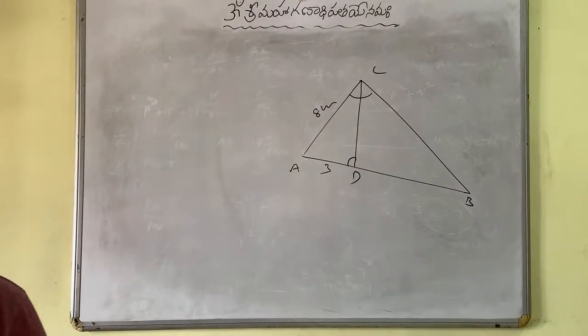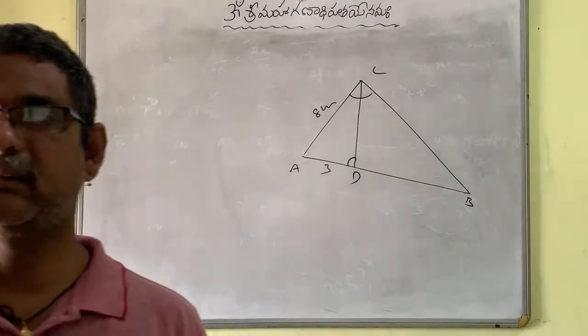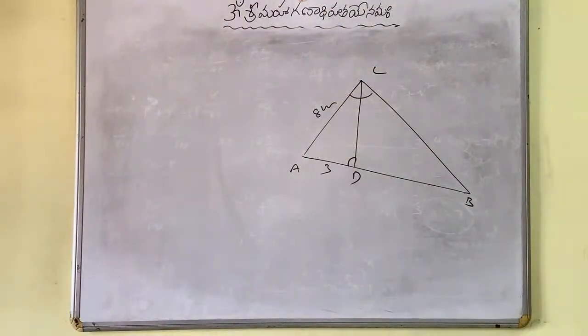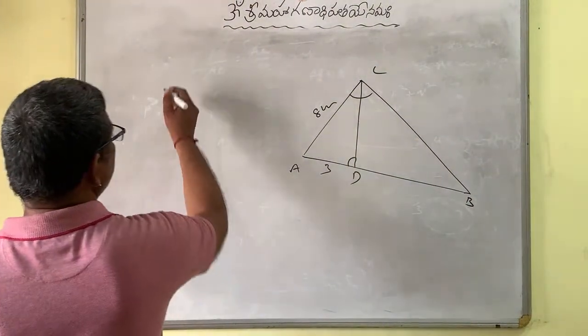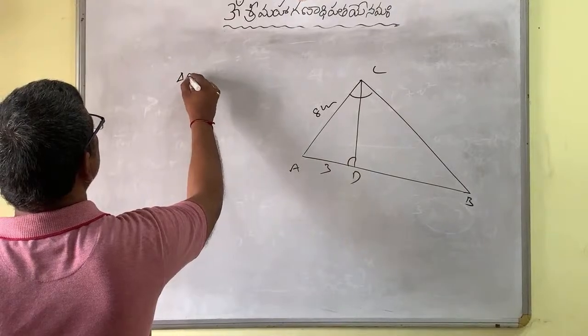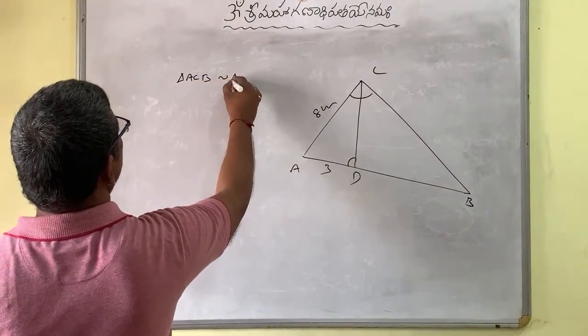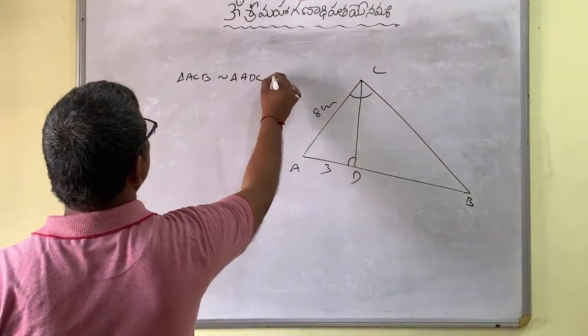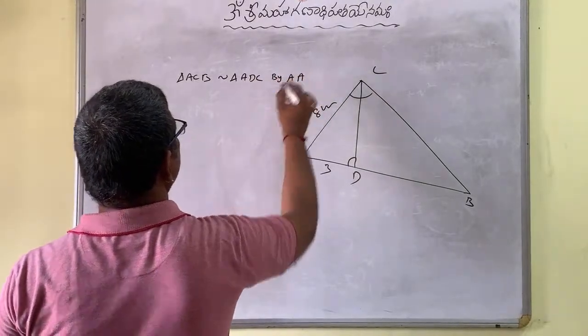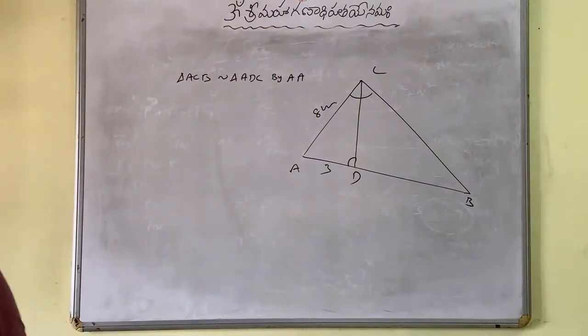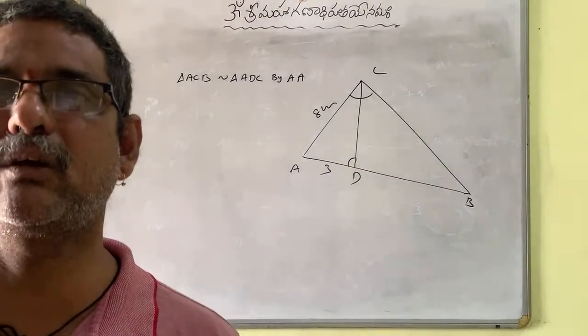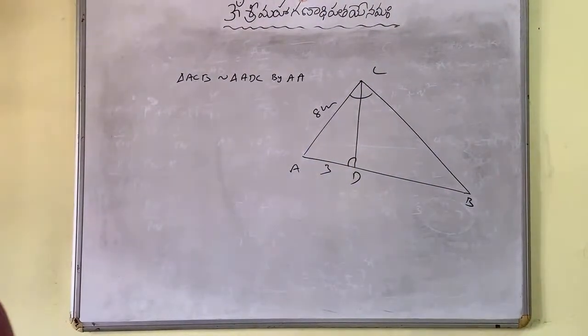Are they similar, children? Triangle ABC, ACB is similar to triangle ADC by AA similarity: angle A is common, and angle ACB is equal to angle ADC, given.